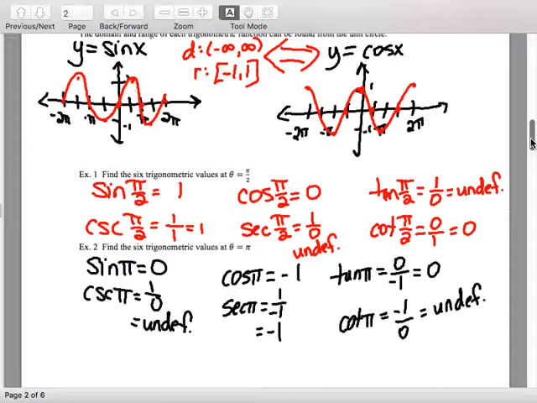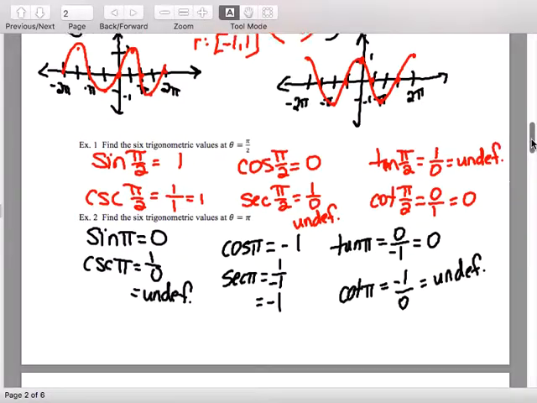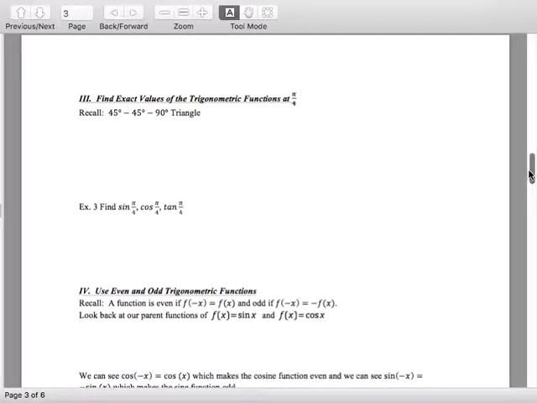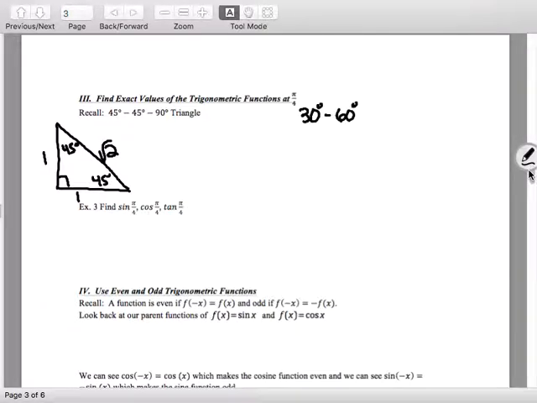And Roman numeral 3 says find exact values of the trigonometric function at pi over 4. So I want to refresh your memory here. In a 45-45 right triangle, you can use 1, 1, radical 2. And we're going to go ahead and do the 30-60 while we're here.